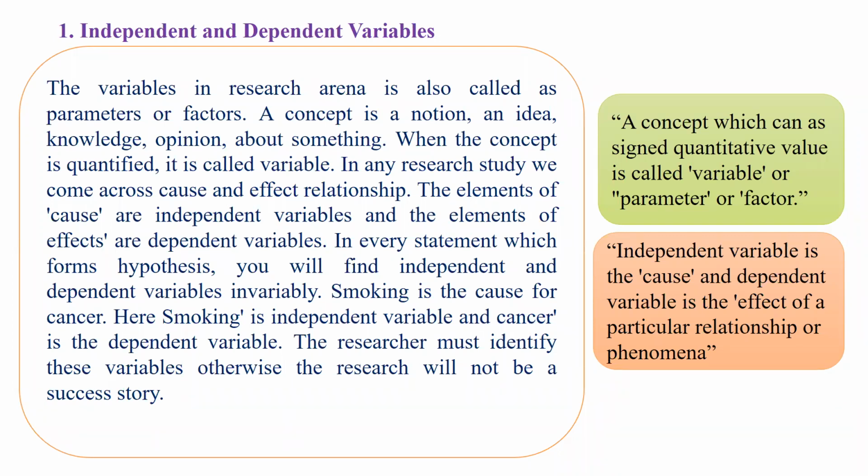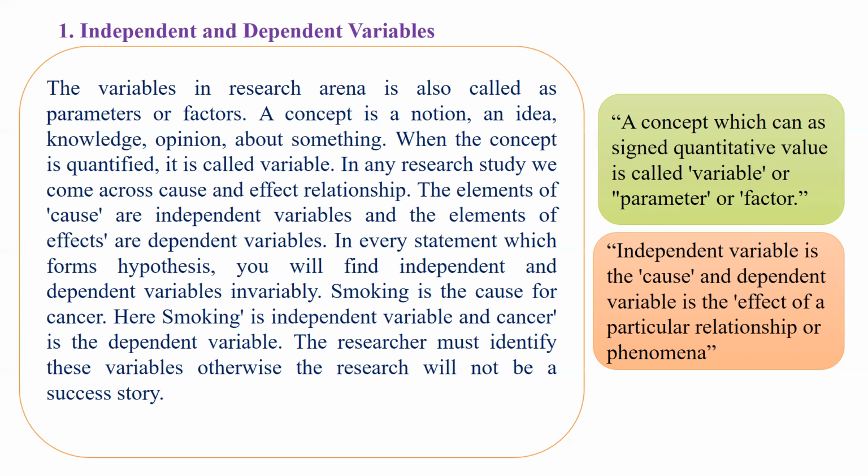In any research study, we come across a cause and effect relationship. The elements of cause are independent variables. The elements that are caused are known as dependent variables, the effects. In every statement which forms a hypothesis, you will invariably find independent and dependent variables. So while forming the hypothesis, both an independent variable as well as a dependent variable should be there.